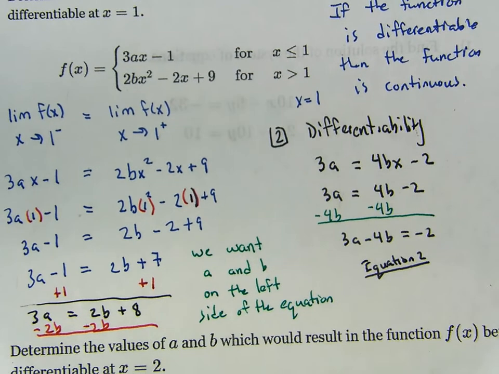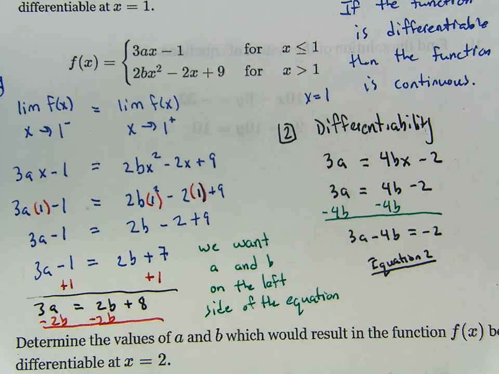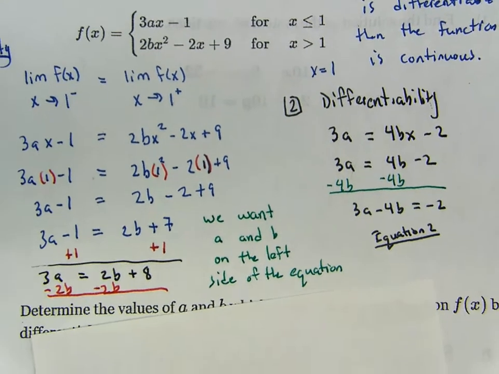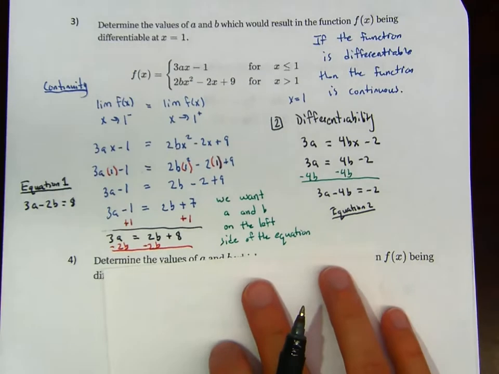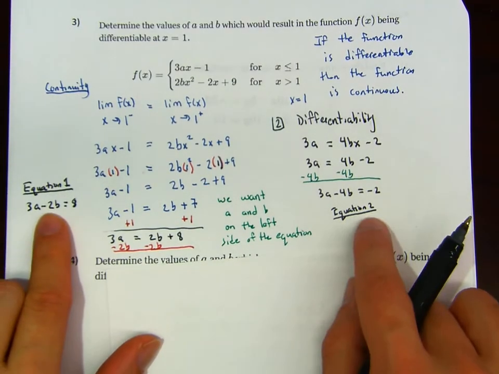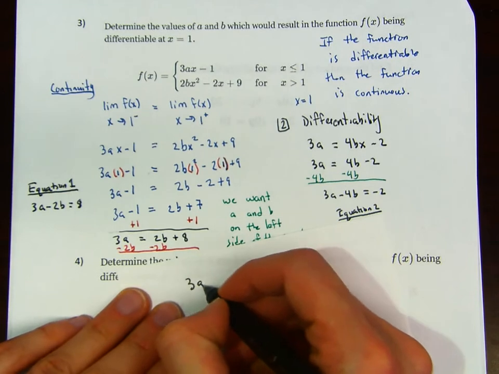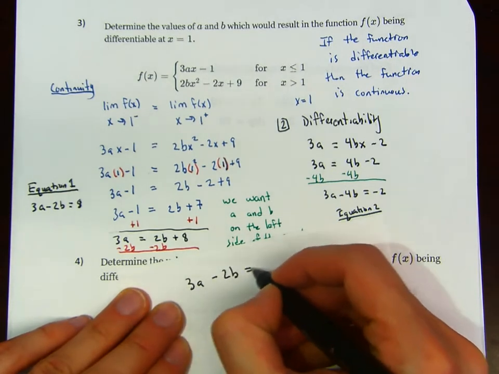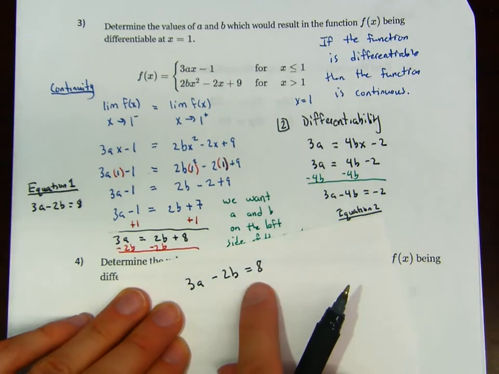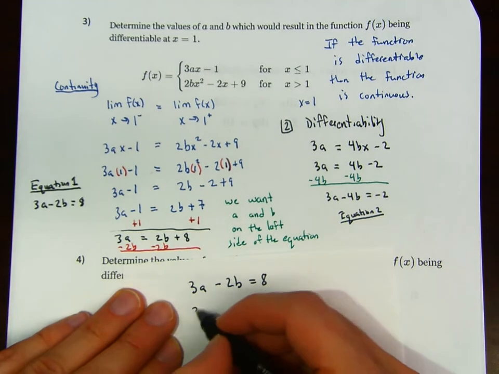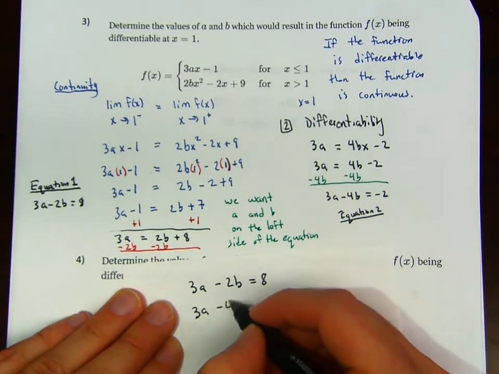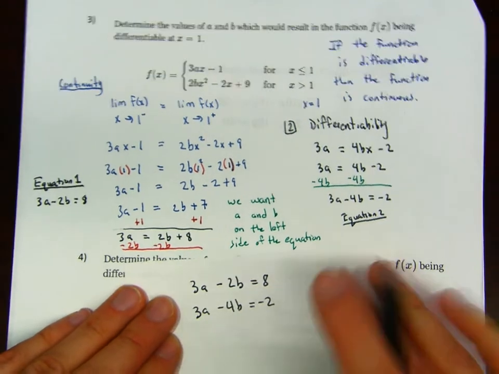Right? And now, all the stuff we did, it does feel like a lot, but the idea isn't too bad. Notice that this was equation 1 and this was equation 2. So let's put them together. If I had 3a minus 2b equals 8, that was equation 1. And what was equation 2? It was 3a minus 4b equals negative 2.